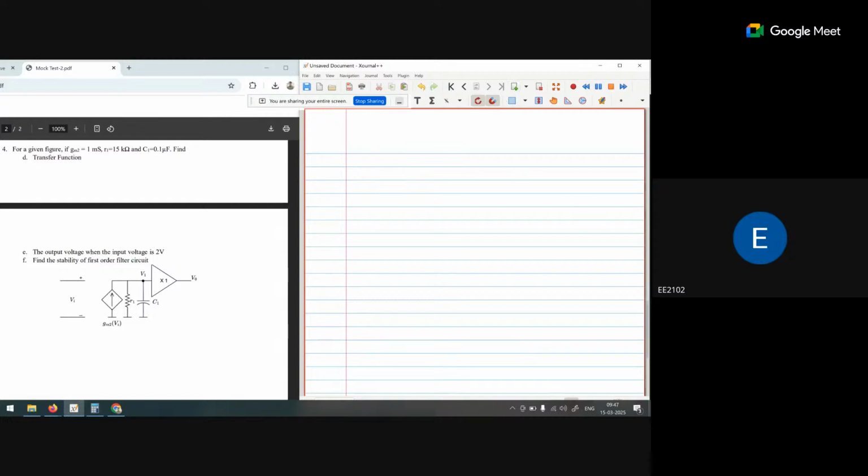So V0 upon Vi is Gm2 R1 upon 1 plus R1 C1s.